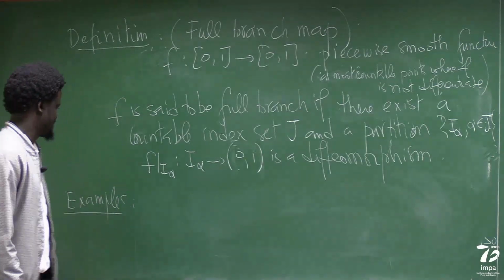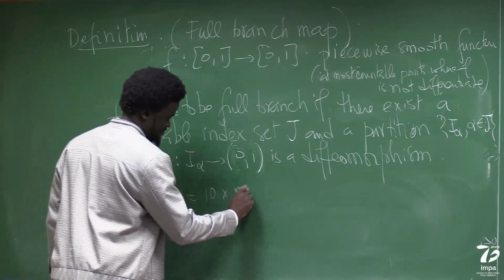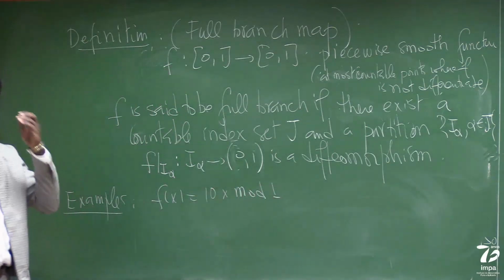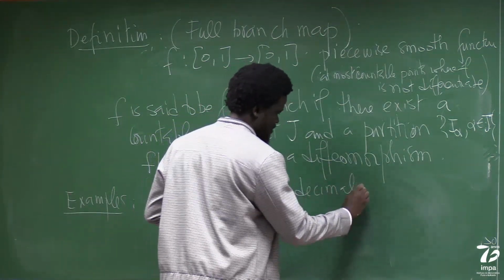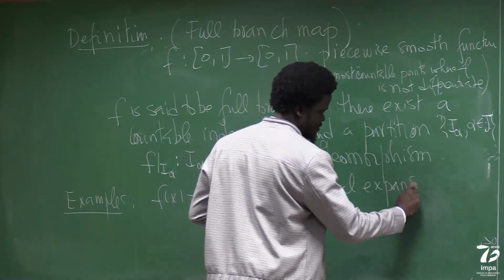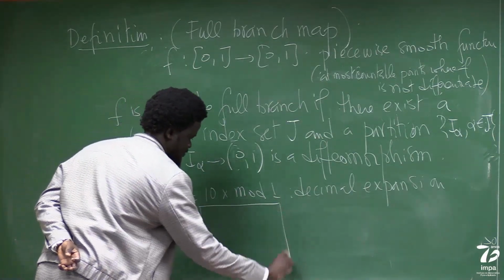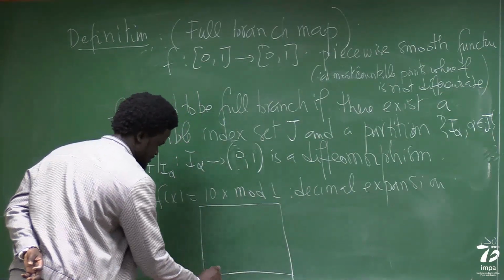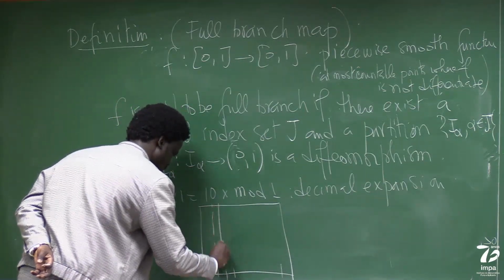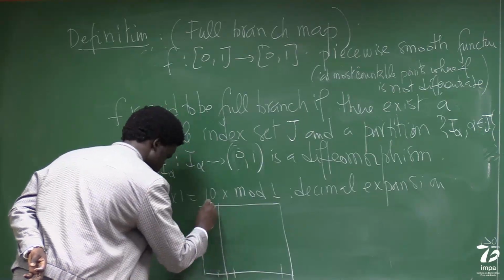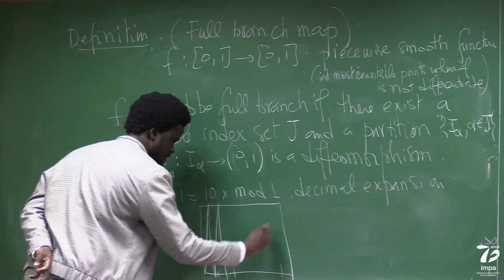Exactly, yeah. So you can have f of x equals 10x mod 1. This is the decimal expansion. If you look at this map, what it's doing is you take a subdivision of n intervals, and each of them, these should be equal, maps linearly to the whole interval after one iterate.